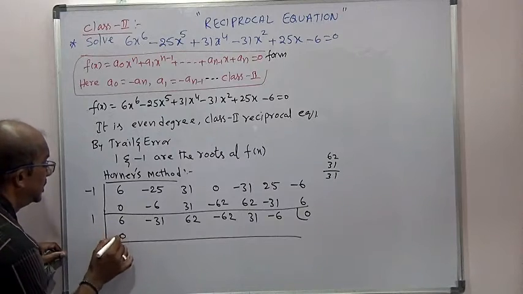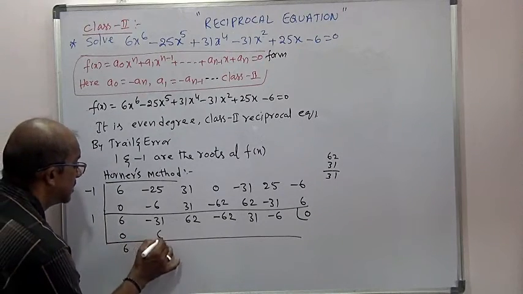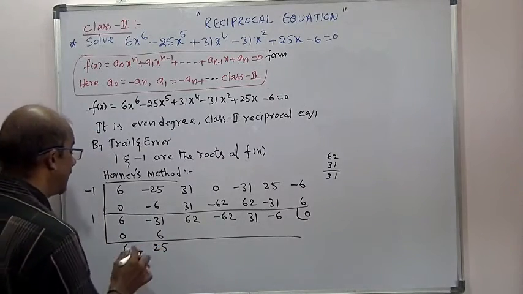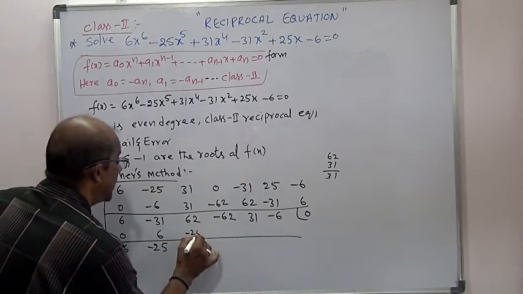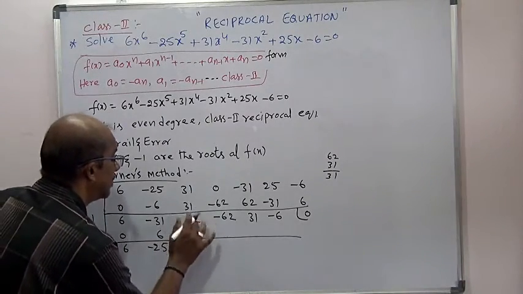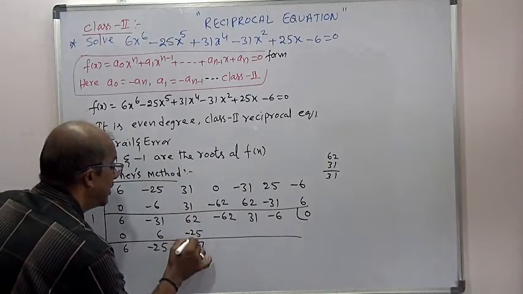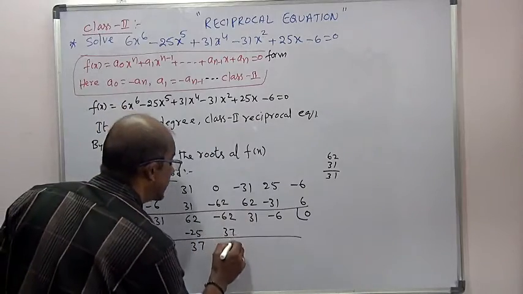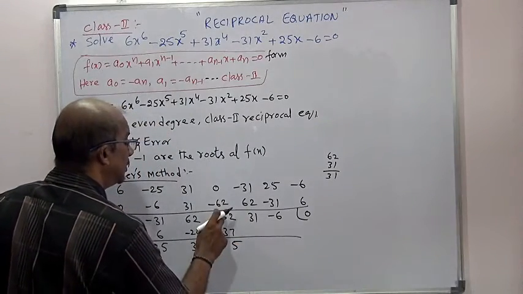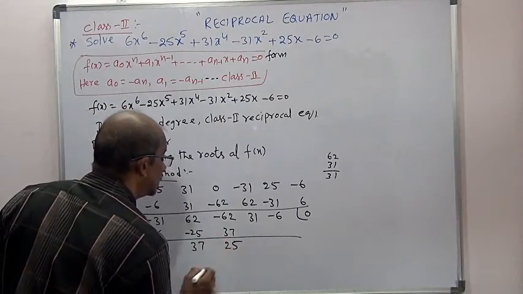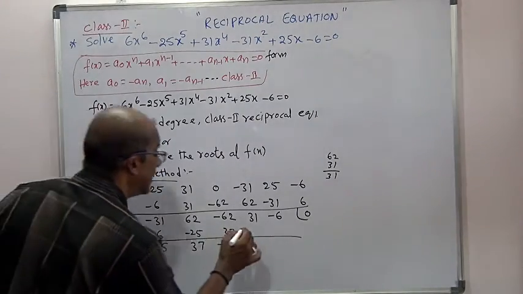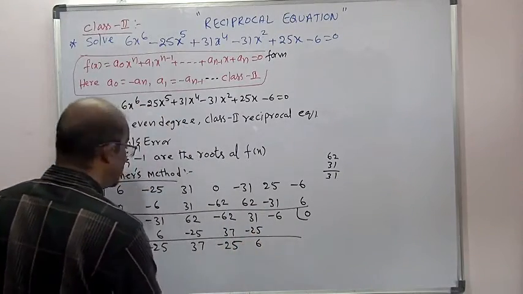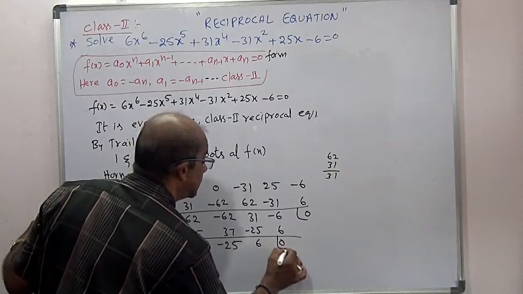So with 1: 1, 0, so 6, 6 times 1 is 6, 31 minus 6, 25, minus 25, so minus 25 into 1 is minus 25, 12 minus 5, 37, so 12 minus 7, 5, 5 minus 3, 2, minus 25, 1 into minus 25, minus 25, 31 minus 25, 6, 1 into 6 is 6, this is 0.